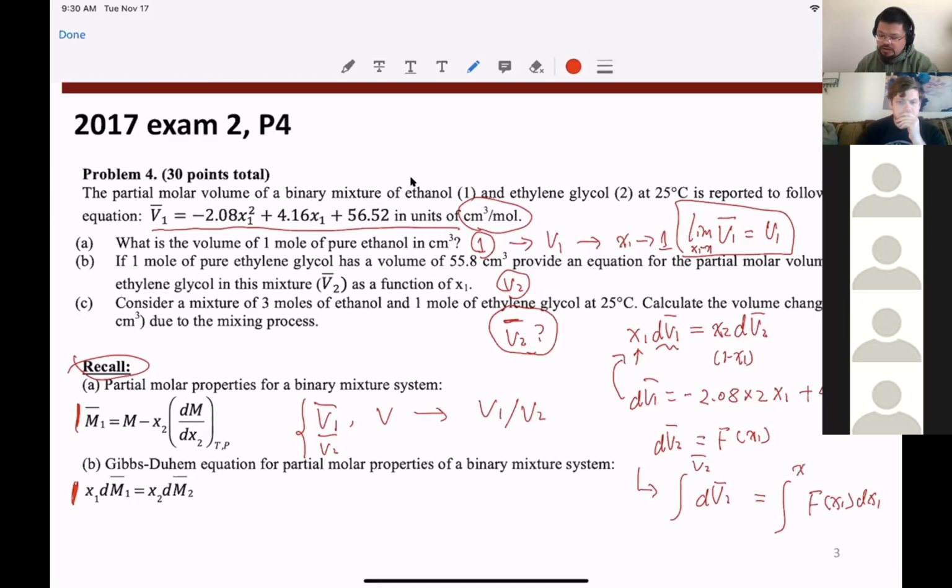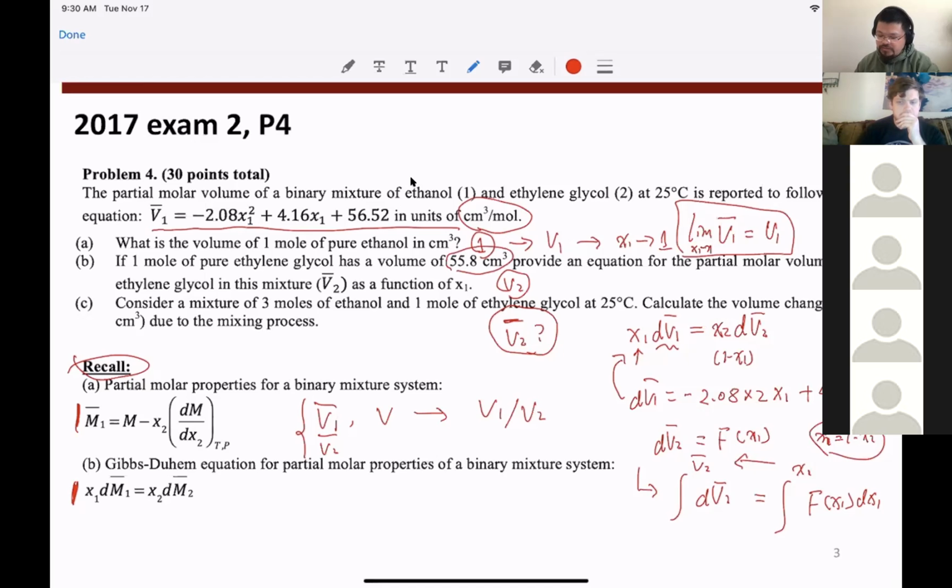So we somehow need to convert the x1. x1 is 1 minus x2, so we need to keep that in mind. And then we need to somehow utilize this pure V2. Pure V2 means x1 goes to 0.